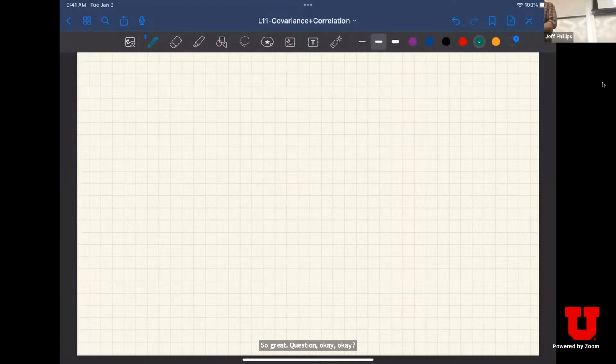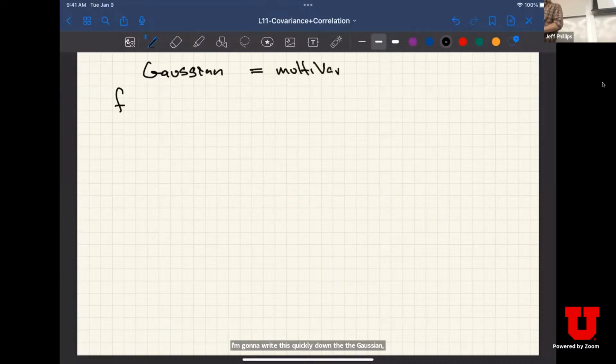Here's what I'm going to do. I'm going to write down an example, quickly. The Gaussian, which is the multivariate normal.